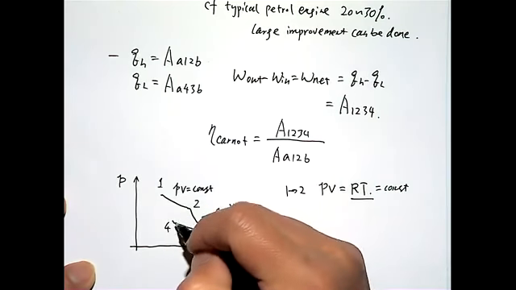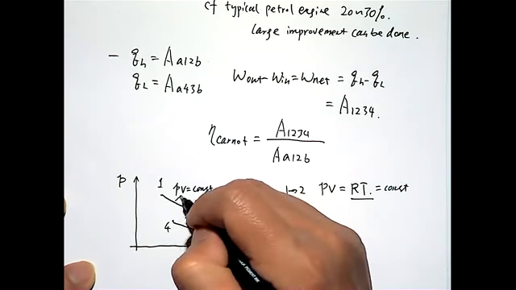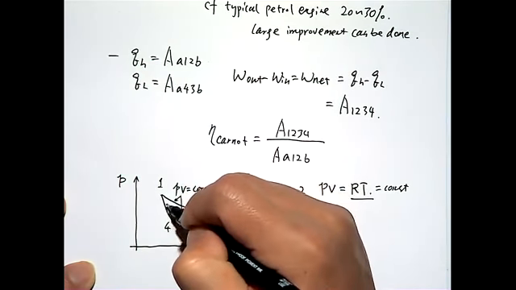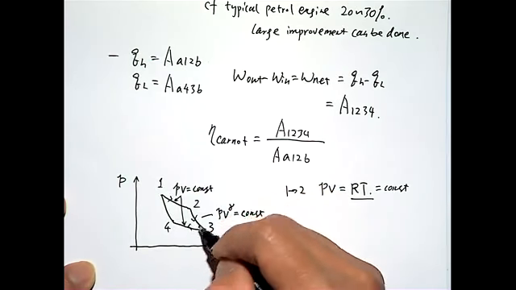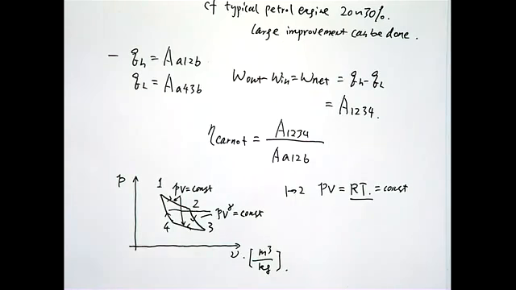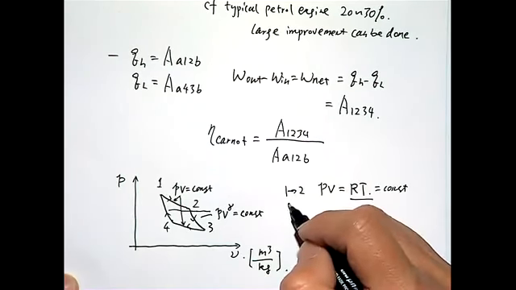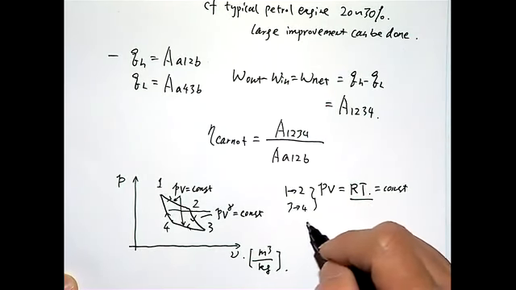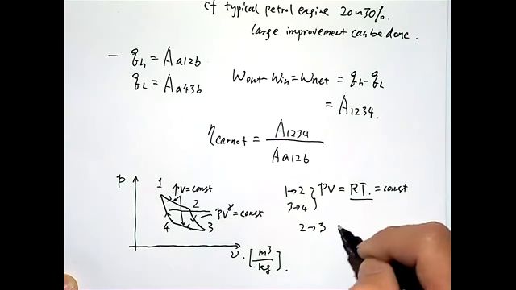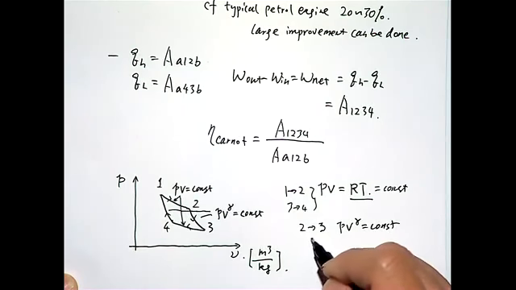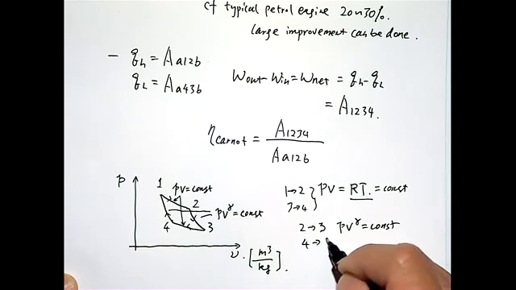State 4 is also constant temperature, and then 4 to 1 is isentropic again, which is also PV^gamma equals a constant. So 3 to 4 is isothermal, 2 to 3 is PV^gamma equals a constant, and 4 to 1 is also the case.